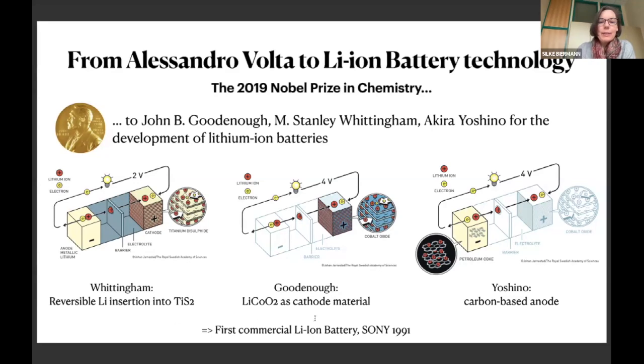The cathode material was revolutionized by John Goodenough, who introduced lithium cobalt oxide as cathode material.